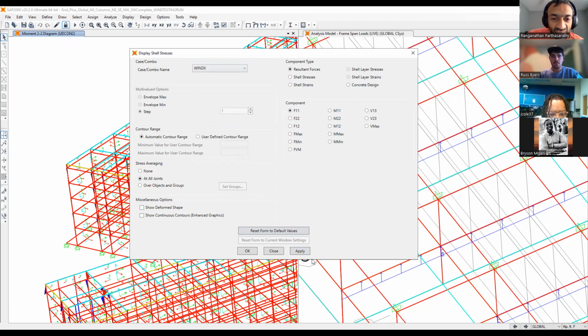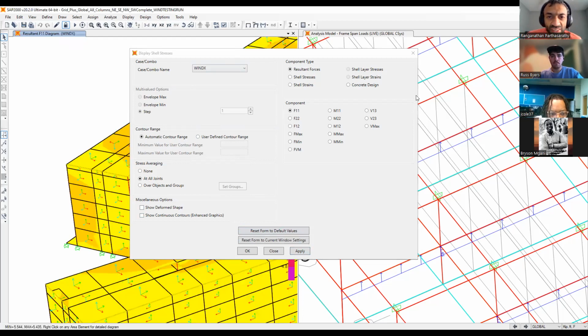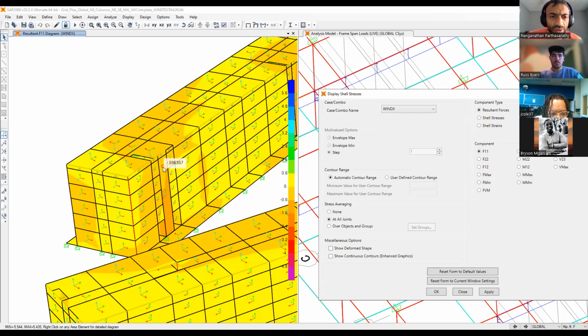Great. Yes, you got it. Now try to see M, not F11. You can do M22 and M33, M11 and M22. You can check those. Apply.